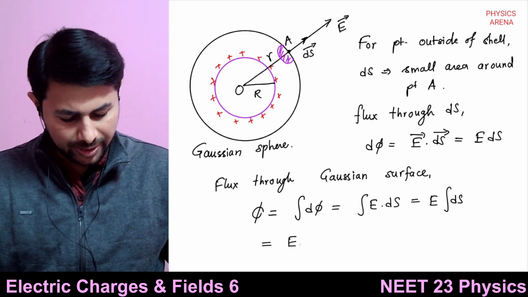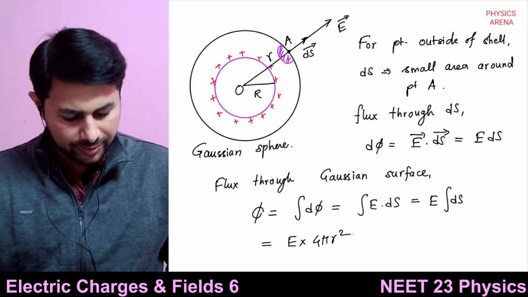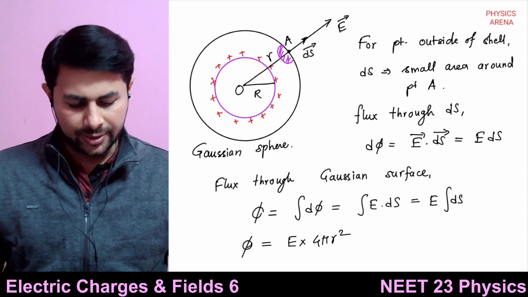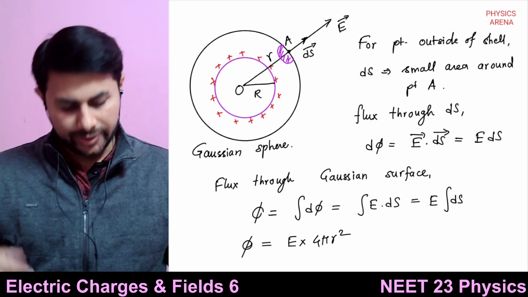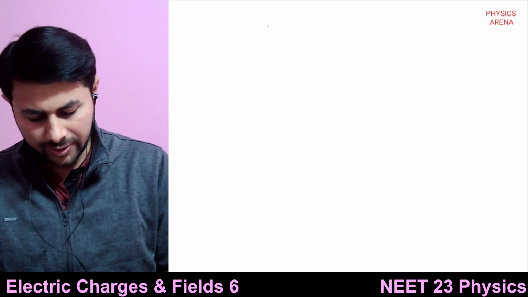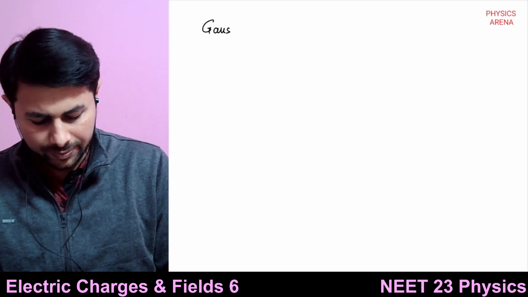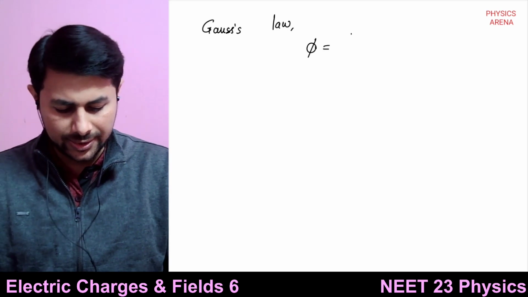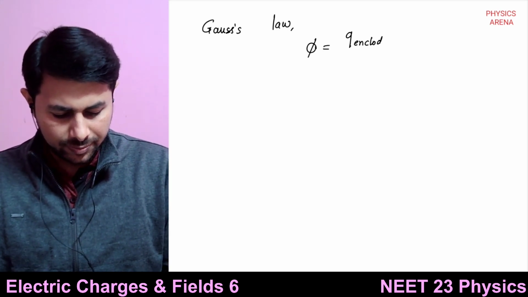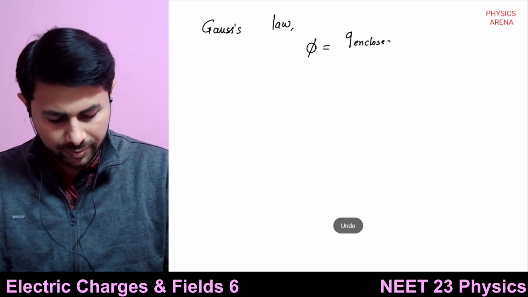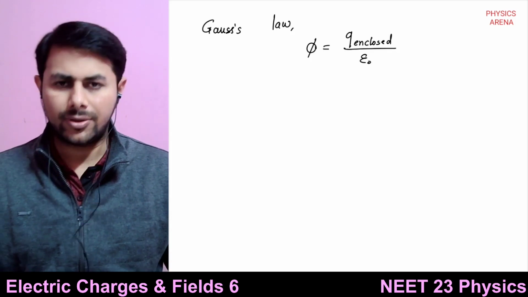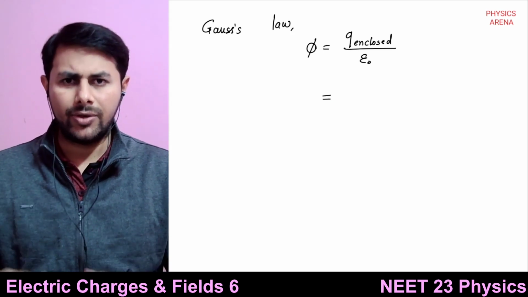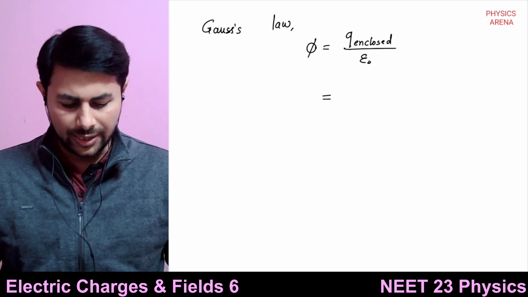So it is E multiplied by 4 pi r square. And then what is this flux? According to Gauss's law, phi is equal to charge enclosed divided by epsilon naught. And how much is the charge enclosed? The charge enclosed is equal to Q.